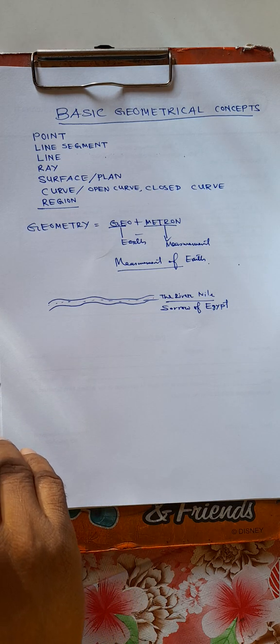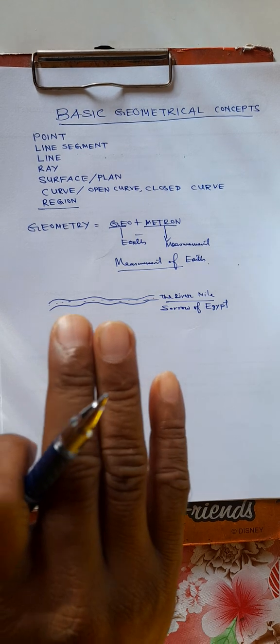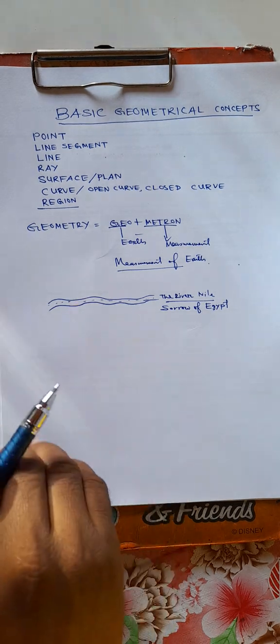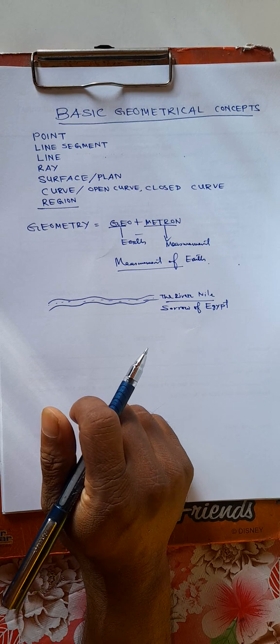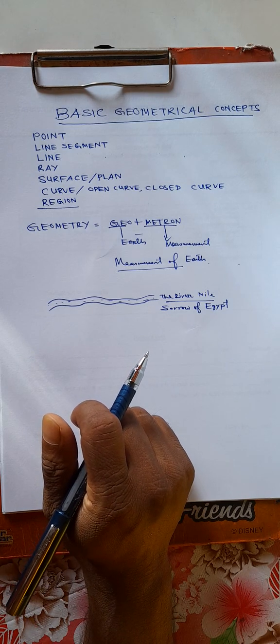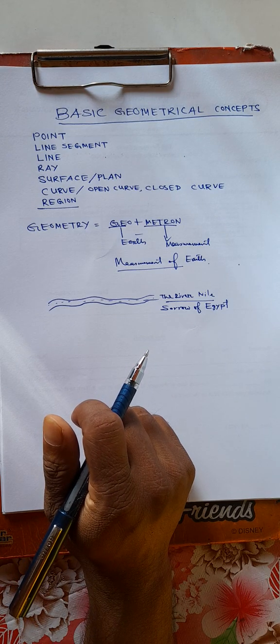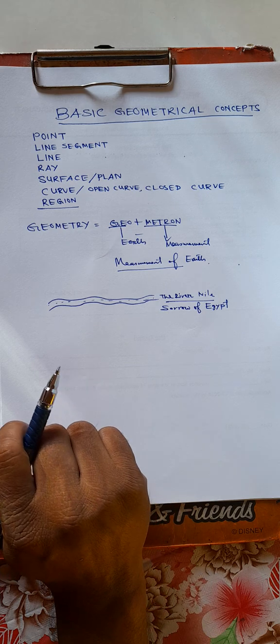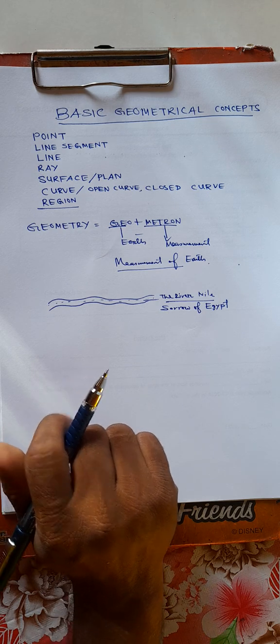So they tried to use geometrical techniques for redrawing the boundaries. Similarly, geometrical ideas were used for making palaces, roads, buildings, etc. in ancient times.